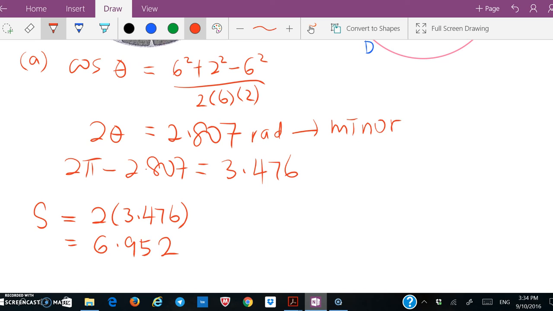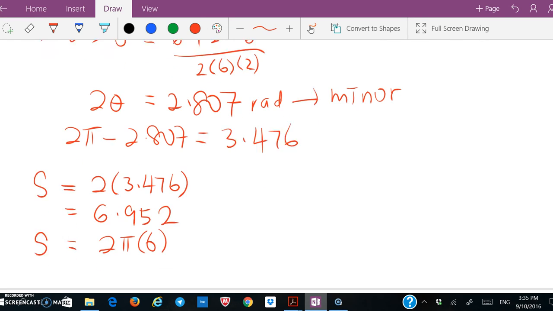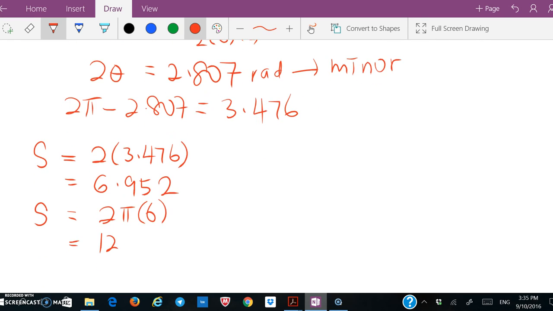Okay, then the circumference for the adults' pool should be 2 pi times 6, which is 12 pi.